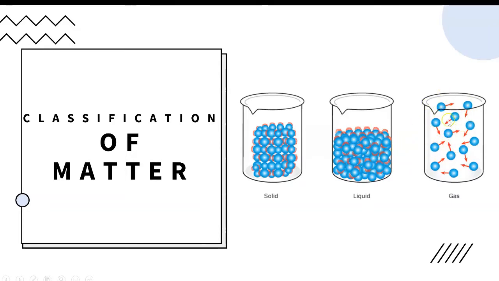They are free, and hence they have neither a specific shape nor a volume. And from the intermolecular attraction point of view, the highest intermolecular attraction is in case of solid, then liquid, and the lowest is in the case of gases.